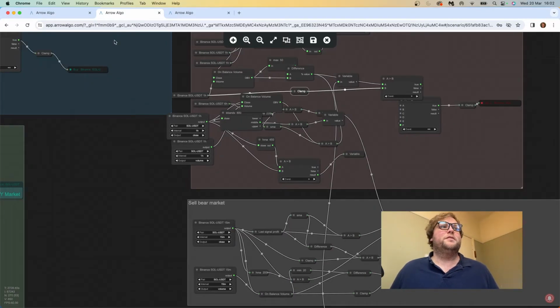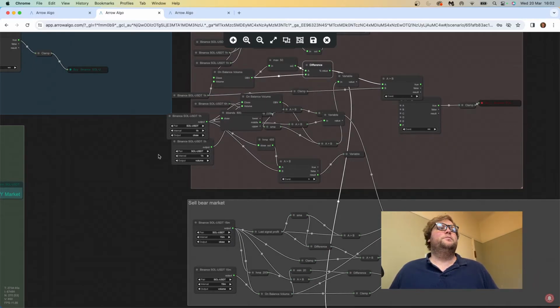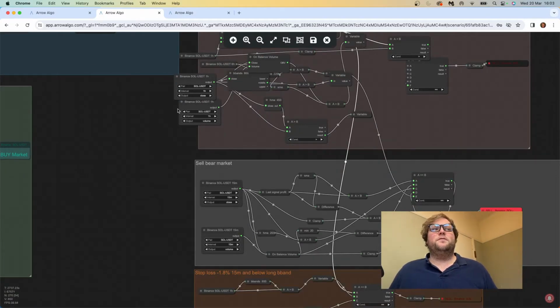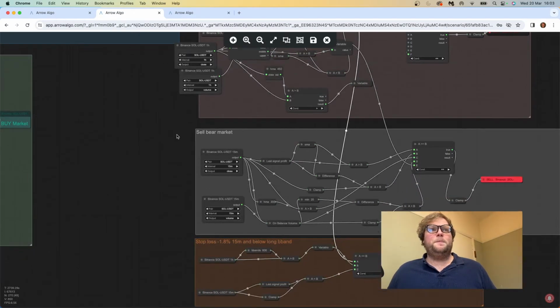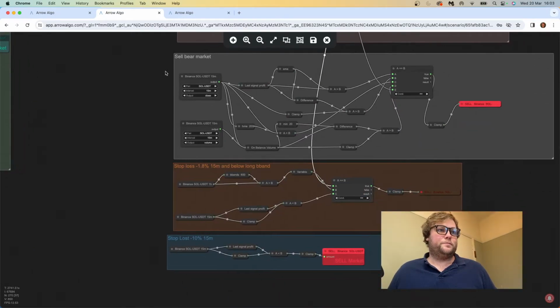So again, it's the opposite of the difference rule we had for OBV before. So we're looking for a 10% drop in that OBV essentially, and that's the fifth one.